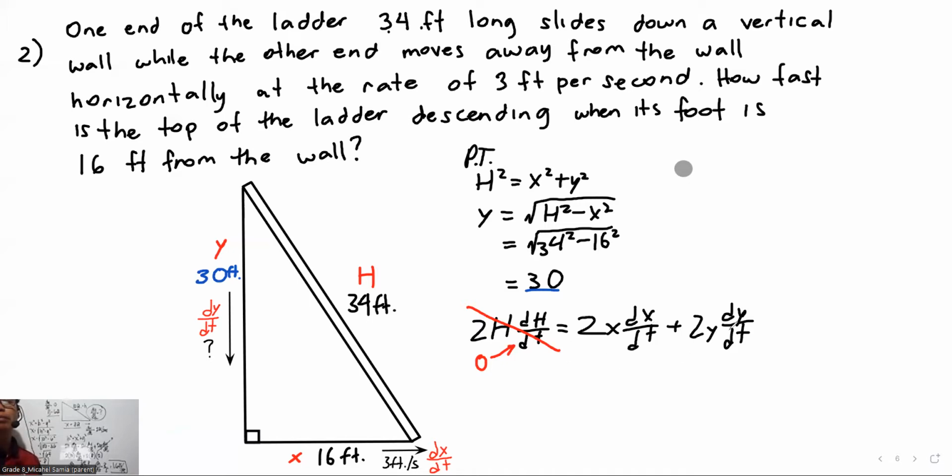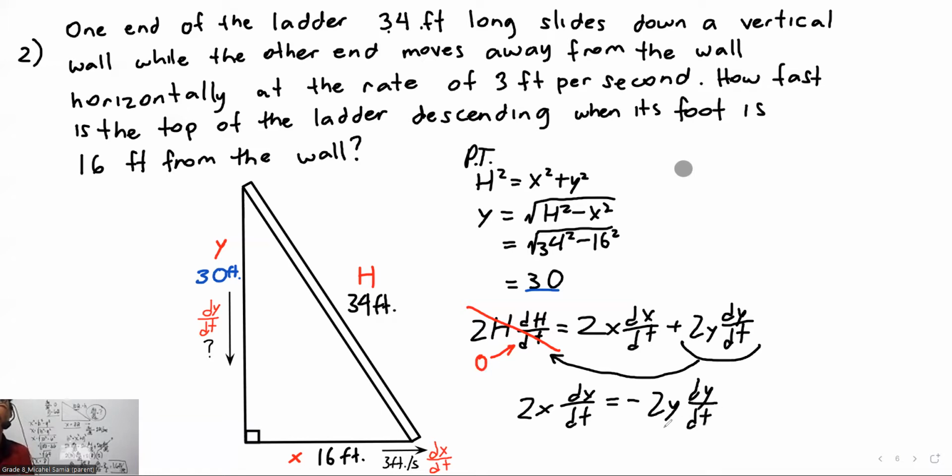Transposing this term, you can get 2x dx/dt equals negative 2y dy/dt.